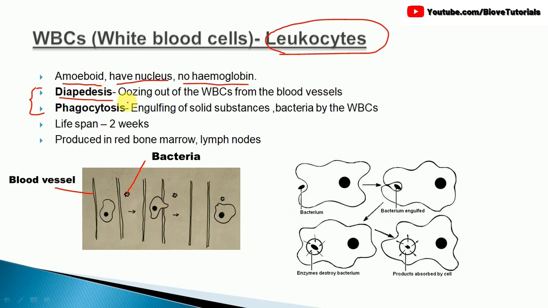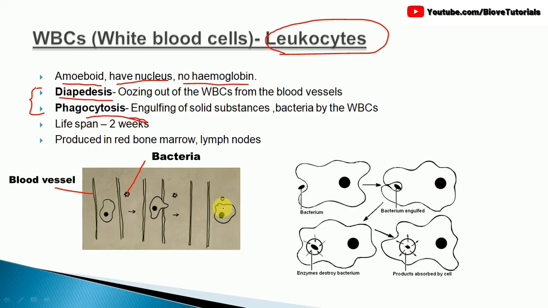And then after diapedesis, what will it do? It will do another process which is called phagocytosis. Phagocytosis is the engulfing of solid substances, bacteria, by WBCs. Now this WBC will engulf this particular substance and will destroy it.